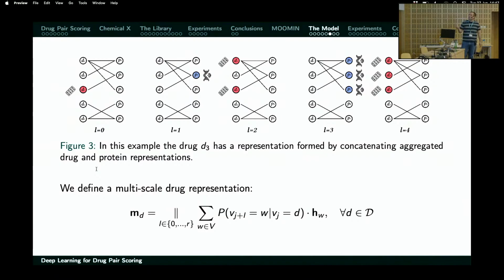At each scale, you get a representation by averaging out the representations at that scale using a weighting scheme that comes from the random walks. And this gives you an increasingly large view of the biological context that you are operating on. Of course, this might be a suboptimal weighting scheme, so you can come up with other ones, but this is simple to implement, and it's very simple to come up with an approximation scheme for these probabilities.